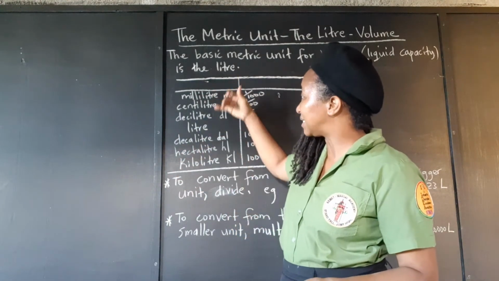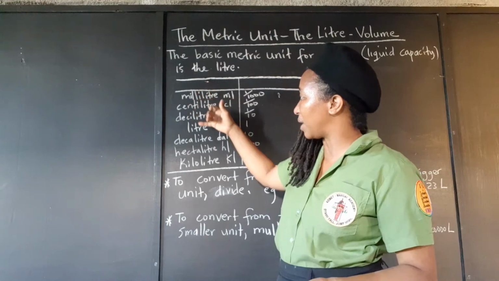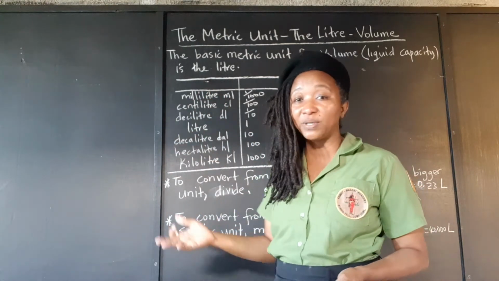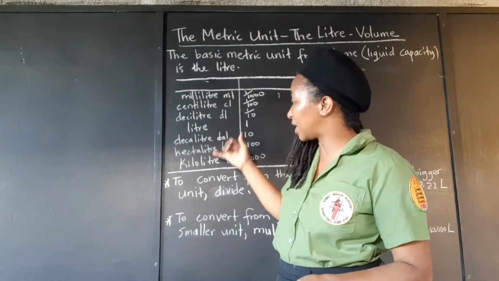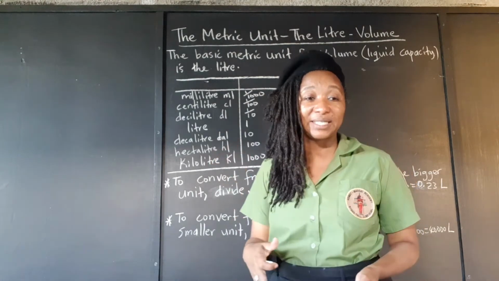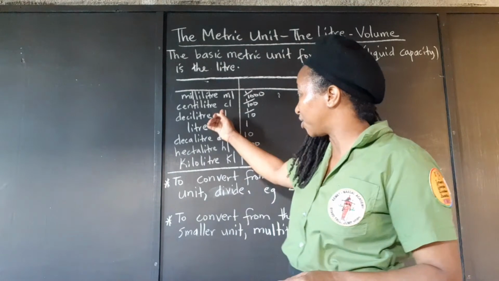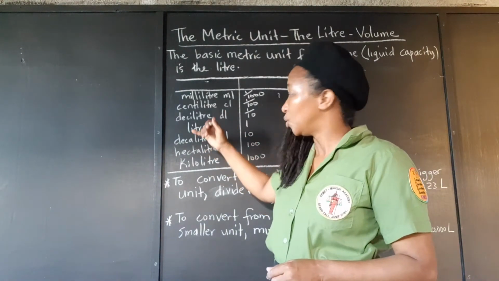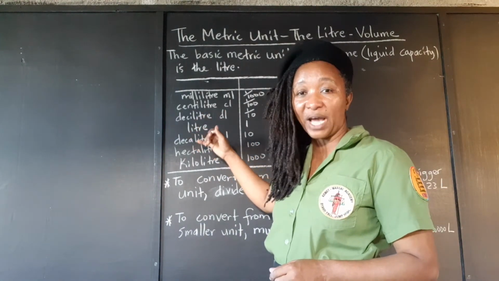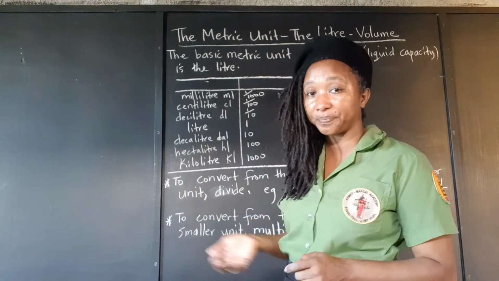Milliliter to liter, 3 places away, we would divide by 1,000. Liter to kiloliter, 3 places away, we'd also divide by 1,000. Liter to hectoliter, 2 units away, we divide by 100.